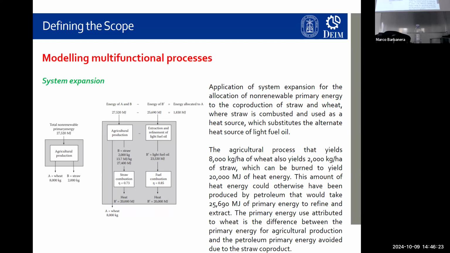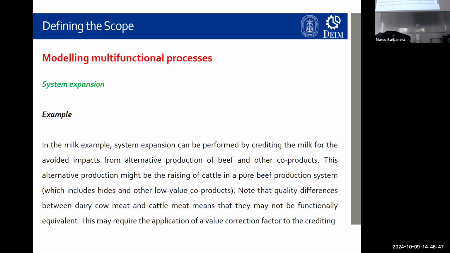So also in this case, it's possible to apply the system expansion approach, because wheat straw, for example, could be used as fodder for animals. Also in this case, you have the possibility to apply the system expansion approach. Yeah, this is the example for milk production, as we have said in the last lesson.